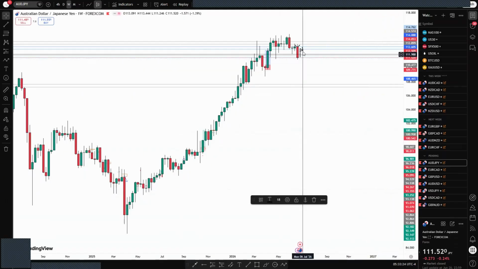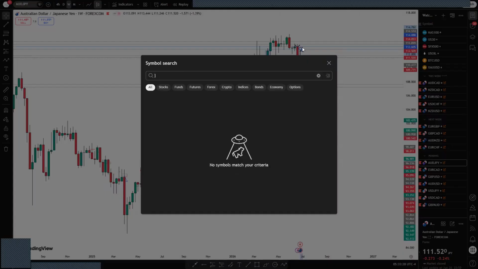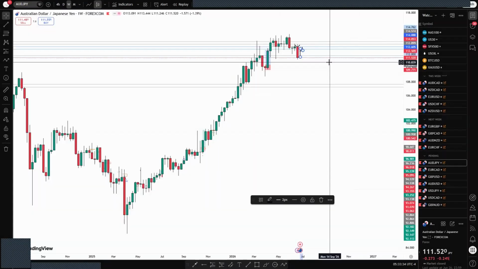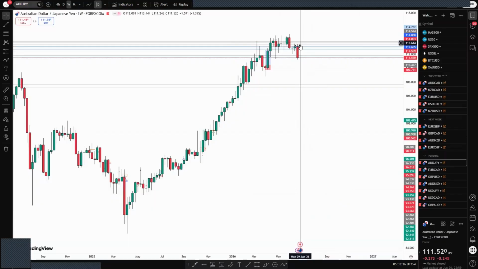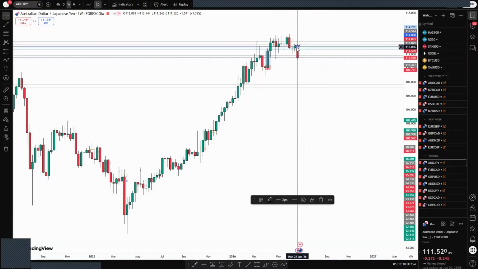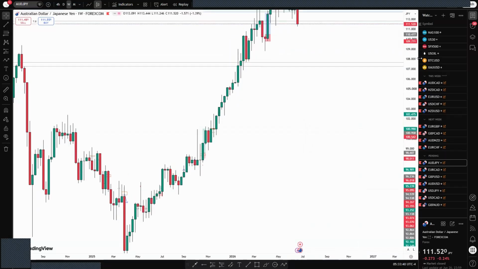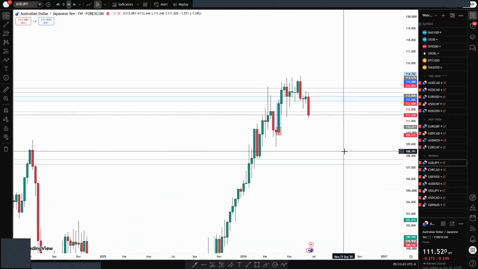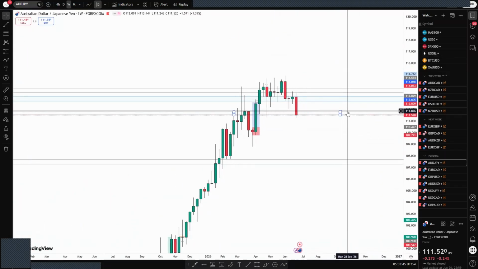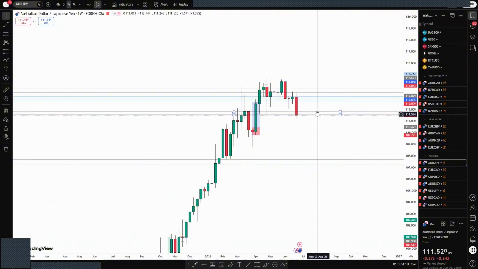If we try to delete everything, you can notice that price made a lower low.